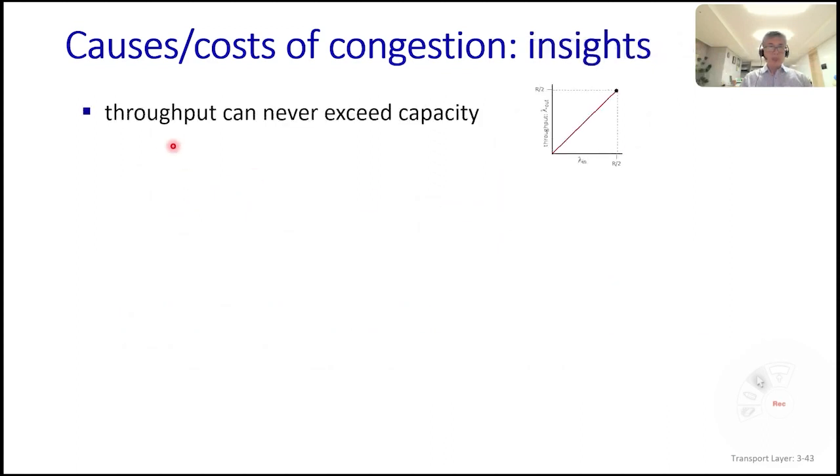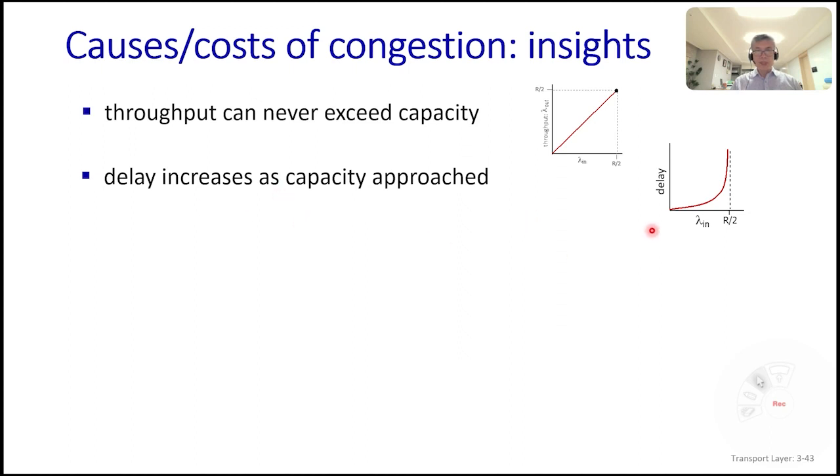So the insight based on our previous observations: the throughput can never exceed the capacity, right? Initially there is a proportional linear increase, but once it reaches R over 2, the output stays the same. And the delay goes to infinity as the input rate lambda in gets close to R over 2.